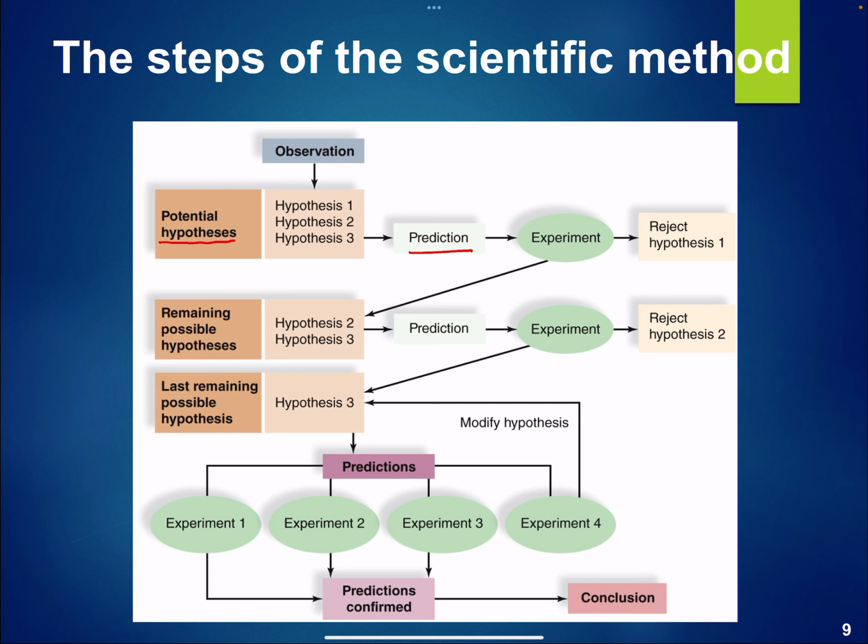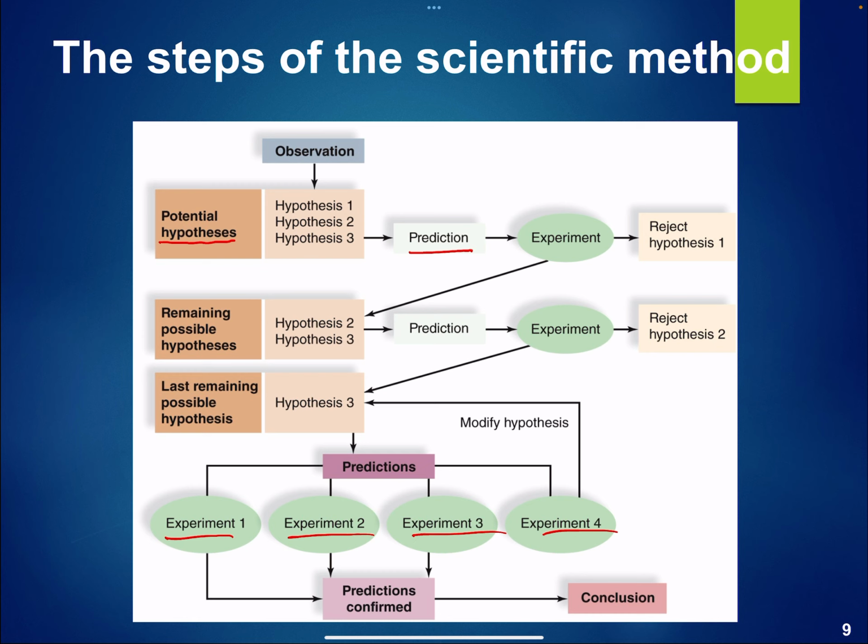Once we have that prediction, then we are going to execute our experiment. We are going to run tests, right? So we're going to run some experiments. And as we run experiments, we're going to gather results. And we're going to analyze these results and draw conclusions.